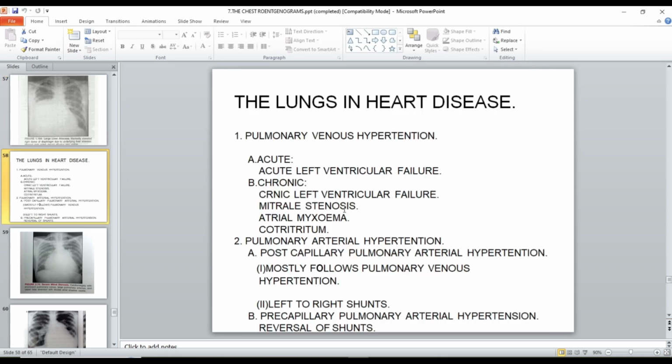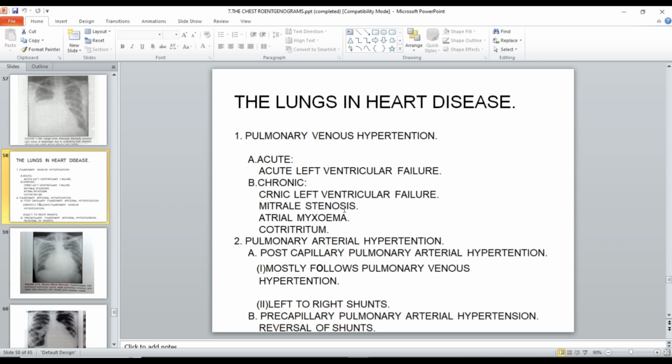The lungs in heart disease may show pulmonary venous hypertension or pulmonary arterial hypertension. Pulmonary venous hypertension may be acute or chronic. Acute pulmonary venous hypertension is seen in left ventricular failure.